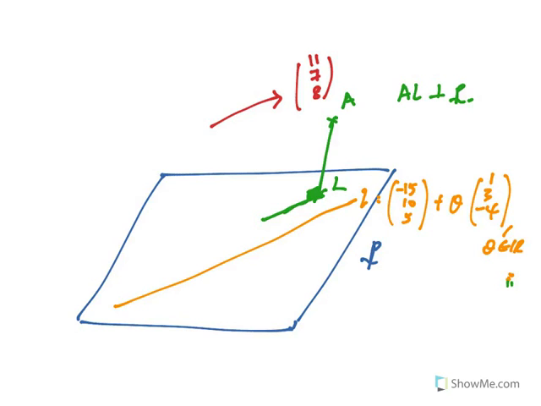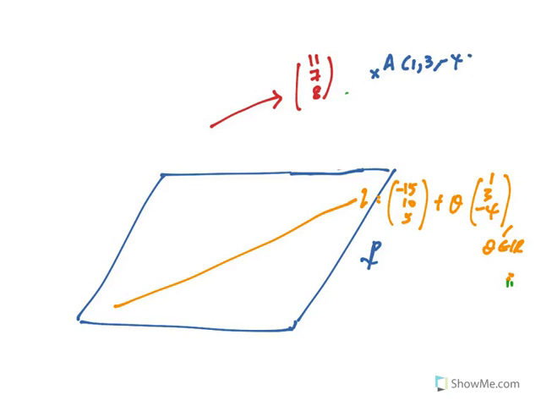How do we go about doing this? Stay with me. I know this one is a bit dry, a bit boring. The second part, the green part: find the line through A. A is (1, 3, -4).